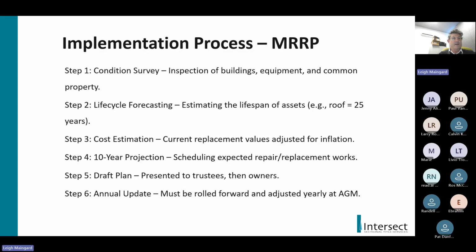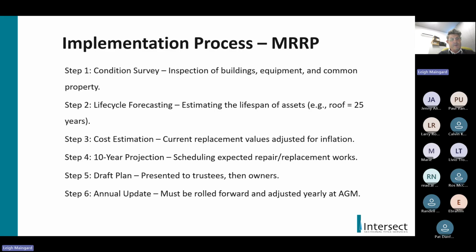Let's say, for instance, it is the roof as an example, and you've got 8 years to go before you really have to replace the roof. Then their role is to determine the life cycle, and estimate when that life cycle comes to an end and when it needs to be replaced.